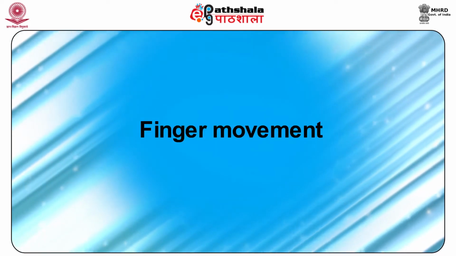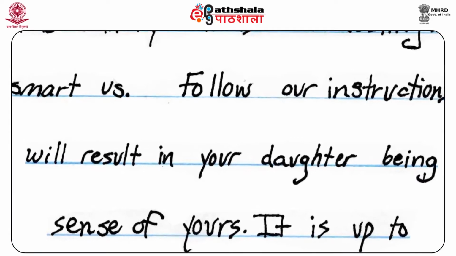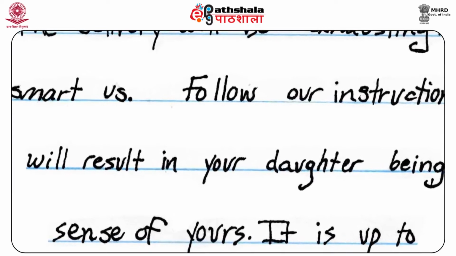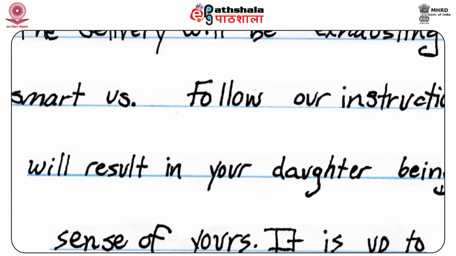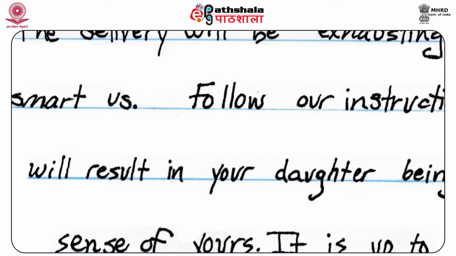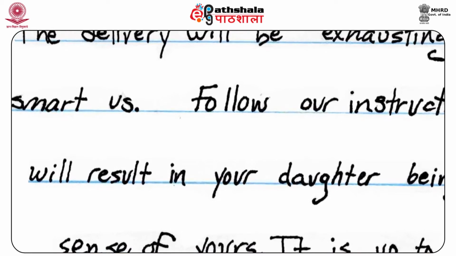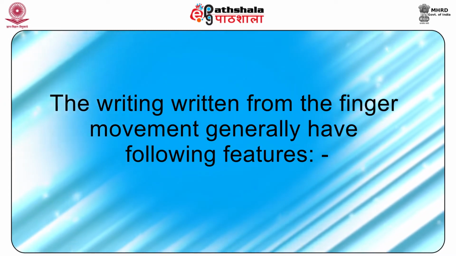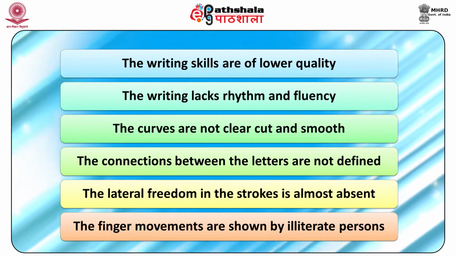First is finger movement. This writing is generally employed by persons who are not very familiar with the writing process or by forgers who forge signatures by carefully drawing the outline of letters. The writing written from finger movement has general features. The writing skills are of lower quality.